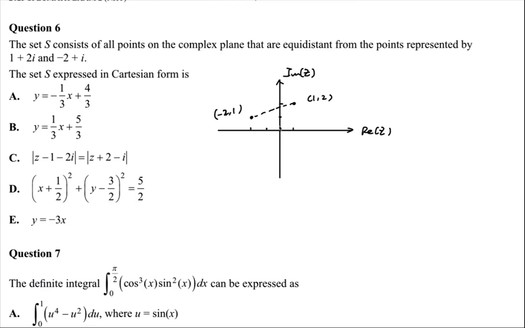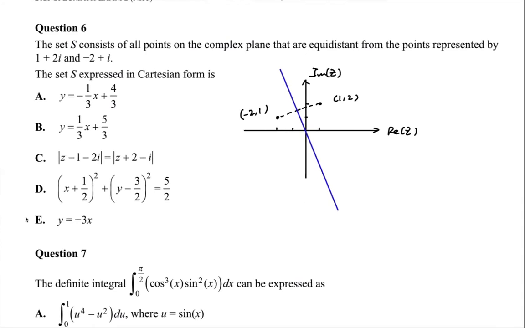Now, because this is a perpendicular bisector, we're actually expecting some sort of a graph like that. Well, if you draw the diagram accurately enough, you could see this is a straight line with negative slope going through the origin, okay? So option E is our best bet. Just want you to notice another possible approach.